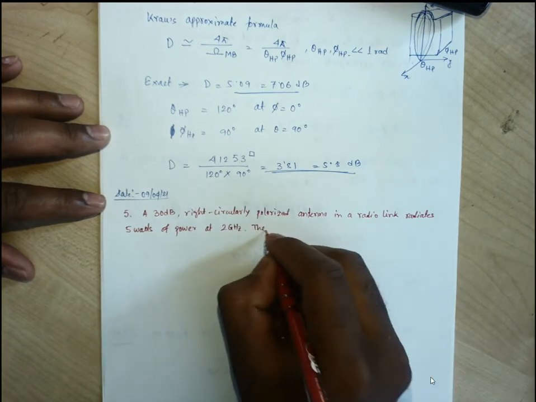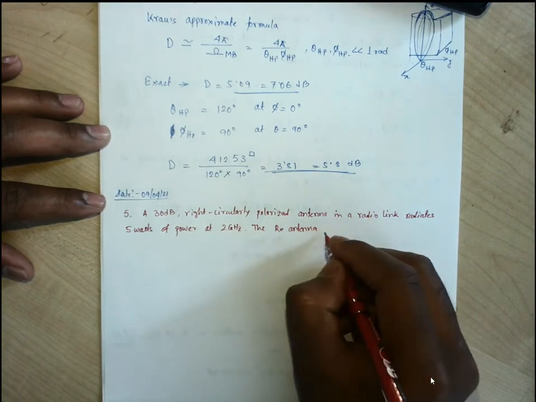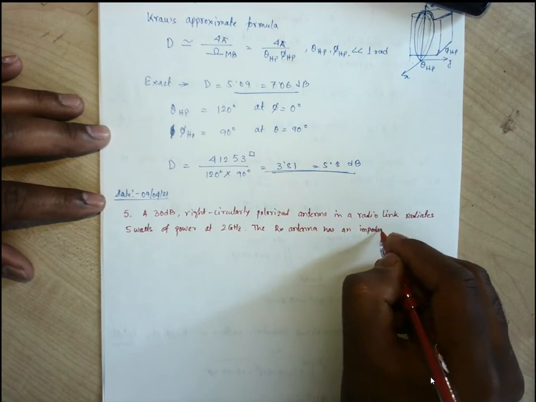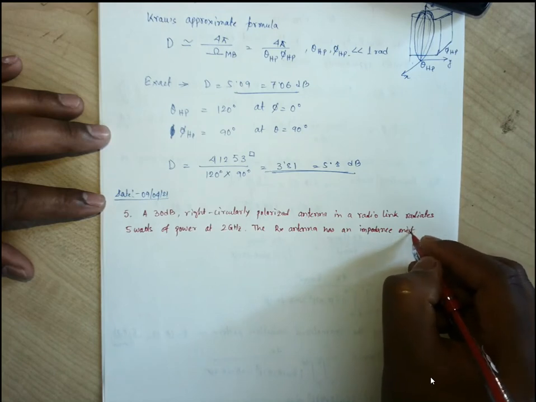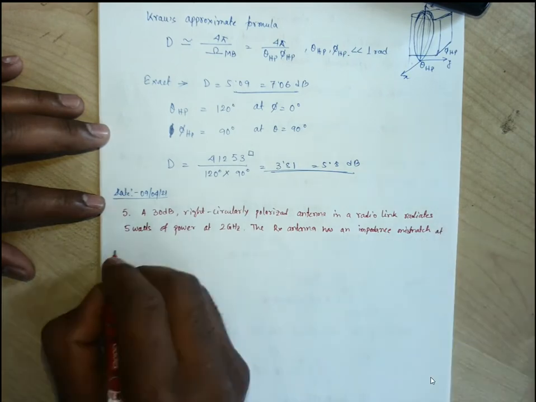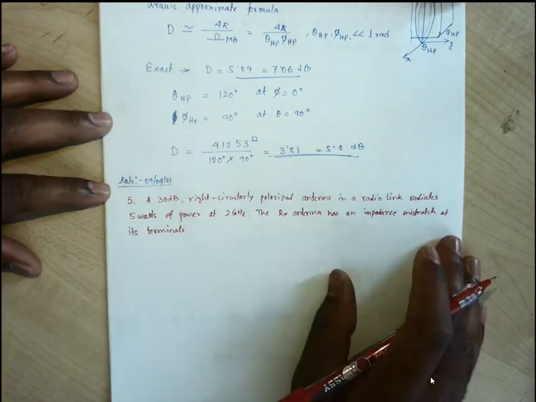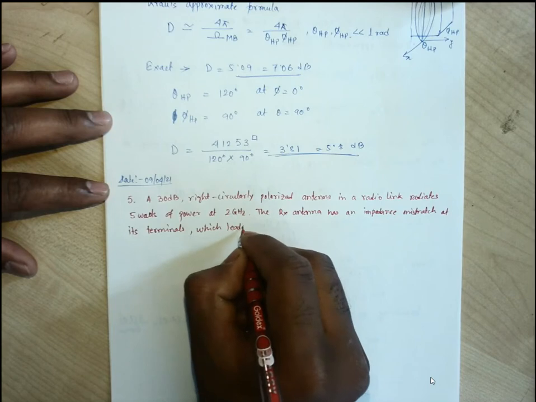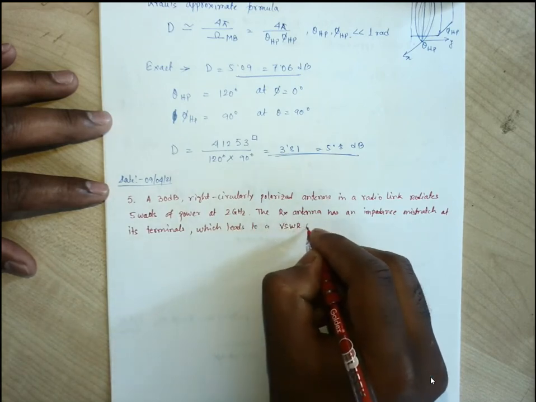The receiving antenna, the RX antenna, has an impedance mismatch at its terminal, which leads to a VSWR of 2.